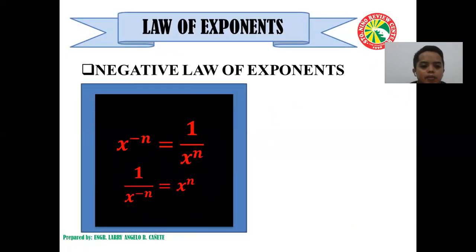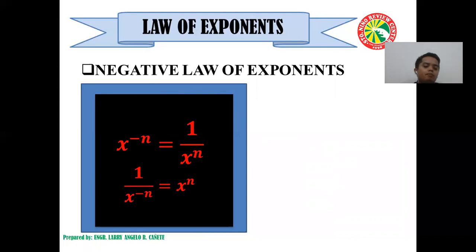Next, negative law of exponents. The upper one is the first case, and this is the second case. So for case 1, if the exponent is in this form, x raised to negative n, as you have noticed, it goes down, but the exponent is changed to positive.